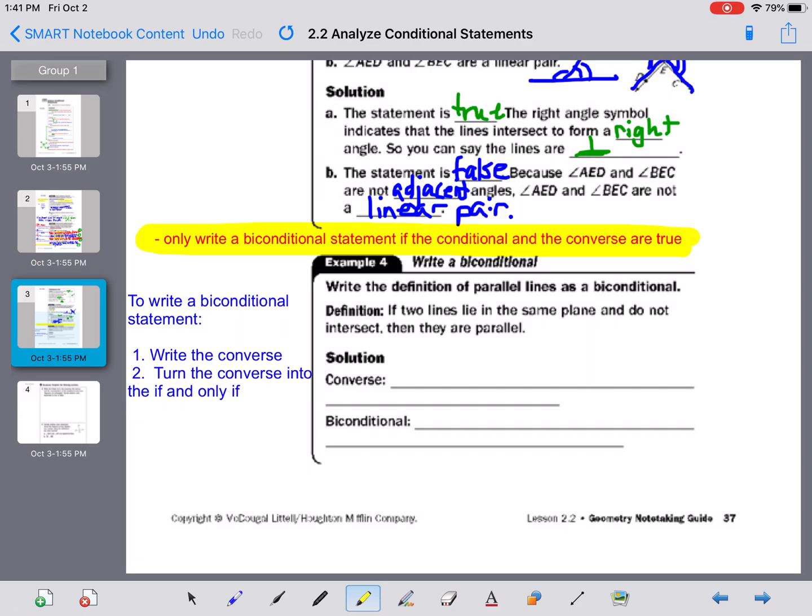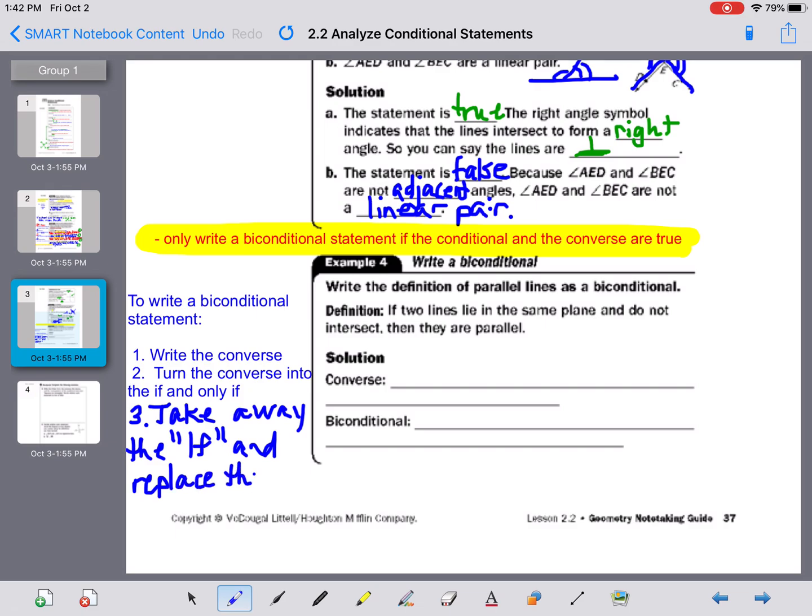Okay. In the margin, I have some steps to write a biconditional statement. We're going to write the converse. We're going to turn the converse into the if and only if. And I'm going to add one, and I should type it up someday, but I don't have it. And the way we're going to do that, we're going to take away the if and replace the then.